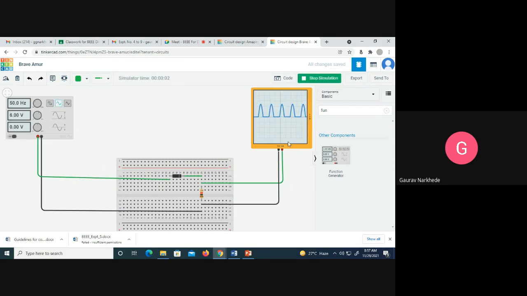Now if you want to see the input waveform, how can you see it?